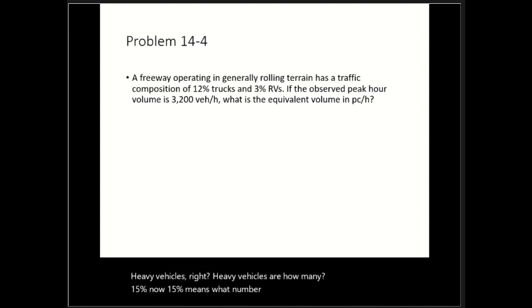So total is 3,200 and heavy vehicles are 15%.